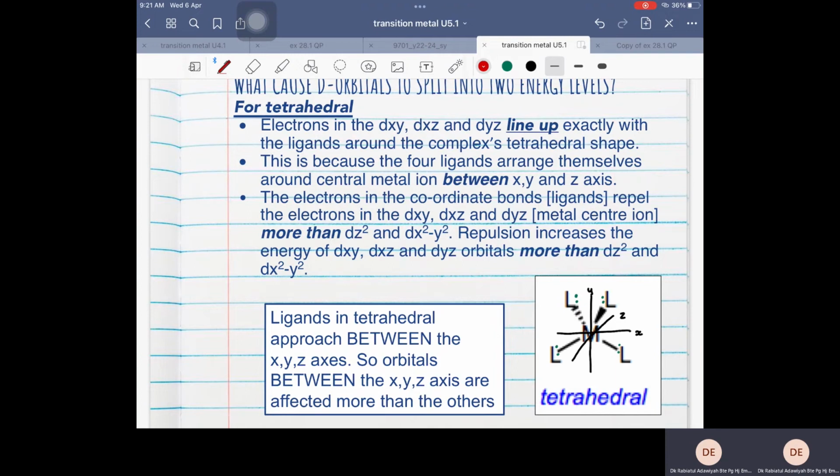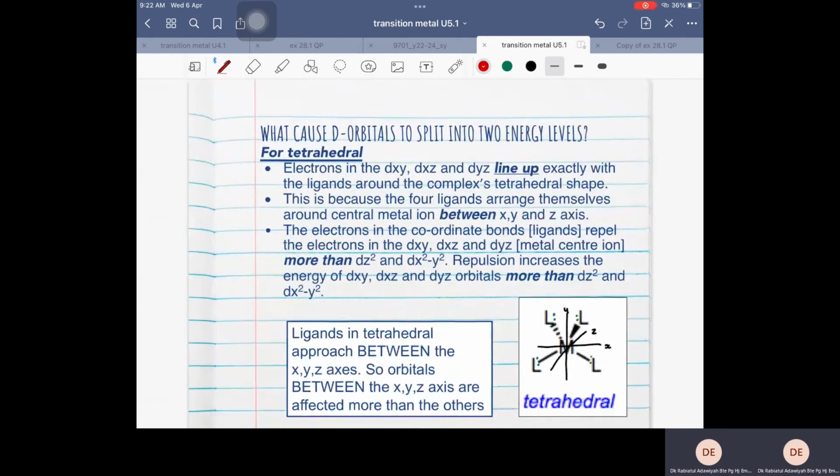If you understand the concept of the orbitals lining up with the ligands, hence more repulsion, then that should be okay already. So that is all for today.